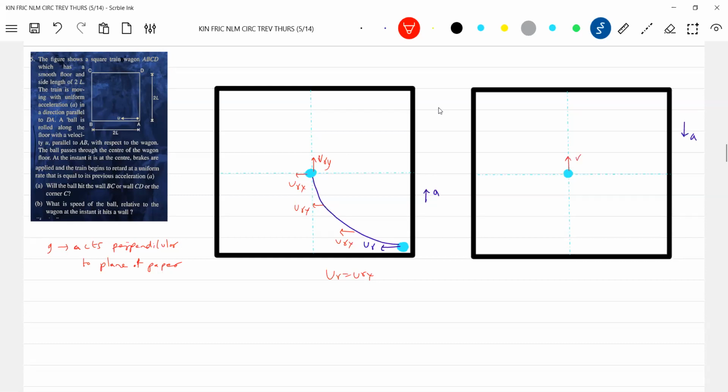It is having that Vry and Vrx, where everything is equal to Vrx only. Let me write. Now it will undergo retardation. So then what is the path of the ball? Again it will be a parabola, and it will be like this.